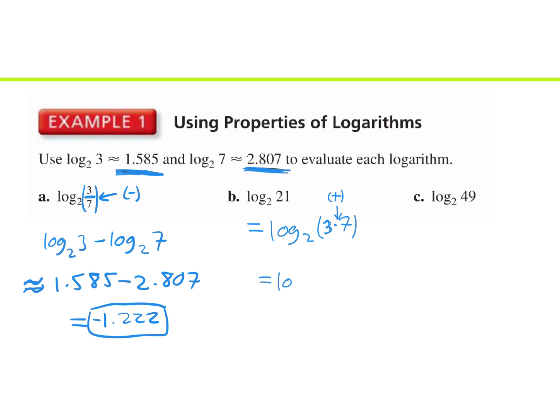So this is going to become log base 2 of 3 plus log base 2 of 7, and I have that this is approximately 1.585 plus 2.807. These are values that we were given, and if you evaluate this, you should get 4.392.